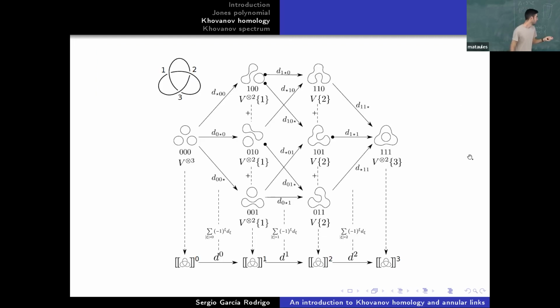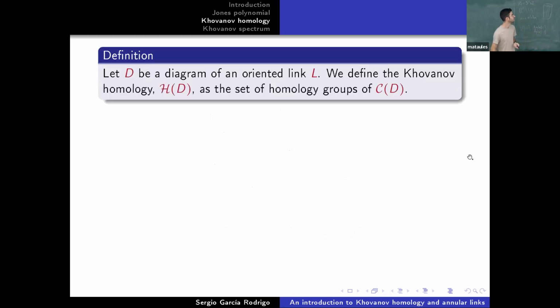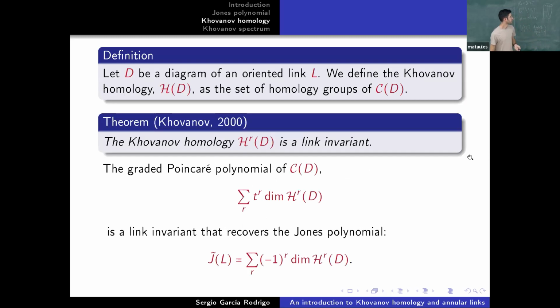So this is actually a chain complex. If we have a chain complex, remember that the image of each map is contained in the kernel of the next one, so you can do the quotient. That's the homology, and the homology of the chain complex is the Khovanov homology, just like that. It actually is a link invariant, not the complex itself, but when you do the quotients, you get an invariant.